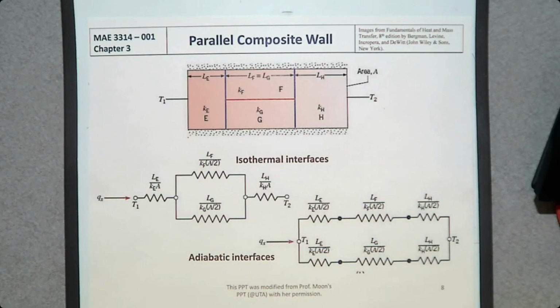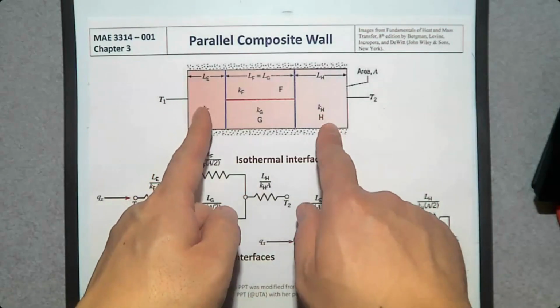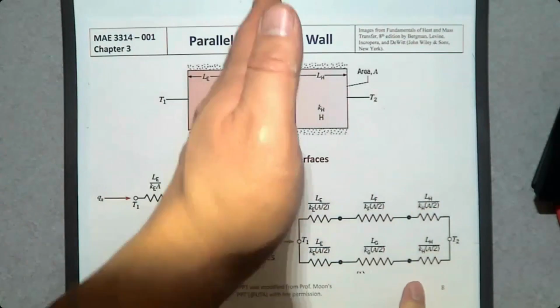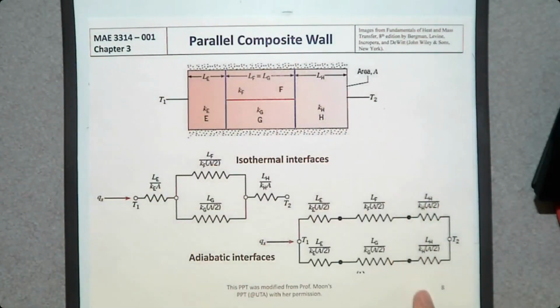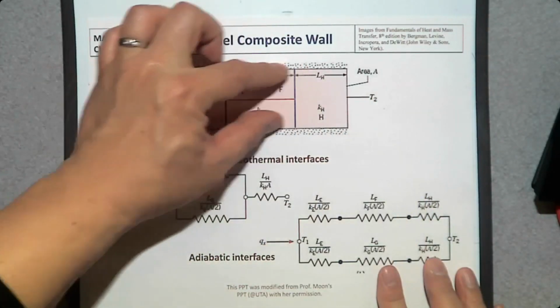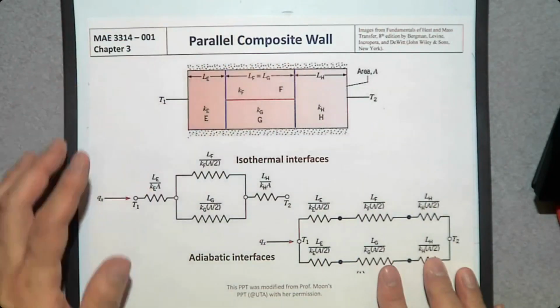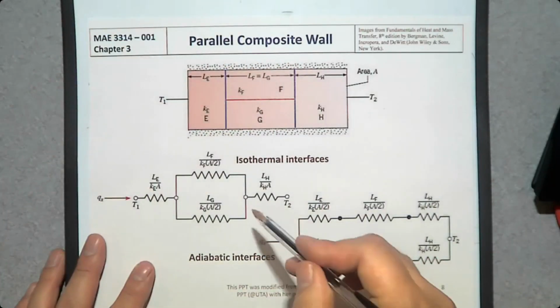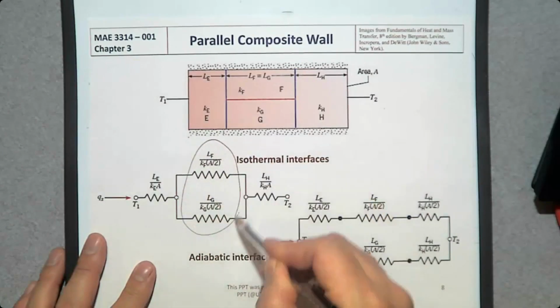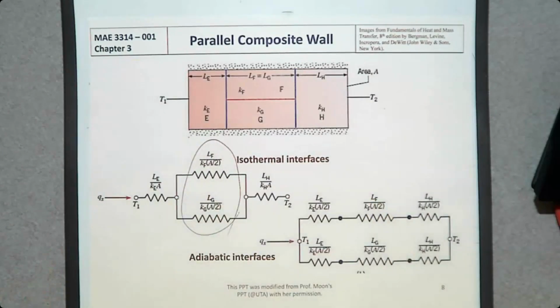What about if we have parallel composite walls? So we have two different materials in parallel in the direction of heat transfer. If we have multiple layers in series, then you can just add to calculate the sum. But what about if we have parallel walls together? Then the way to combine these two is the same as how you combine two resistances in parallel.